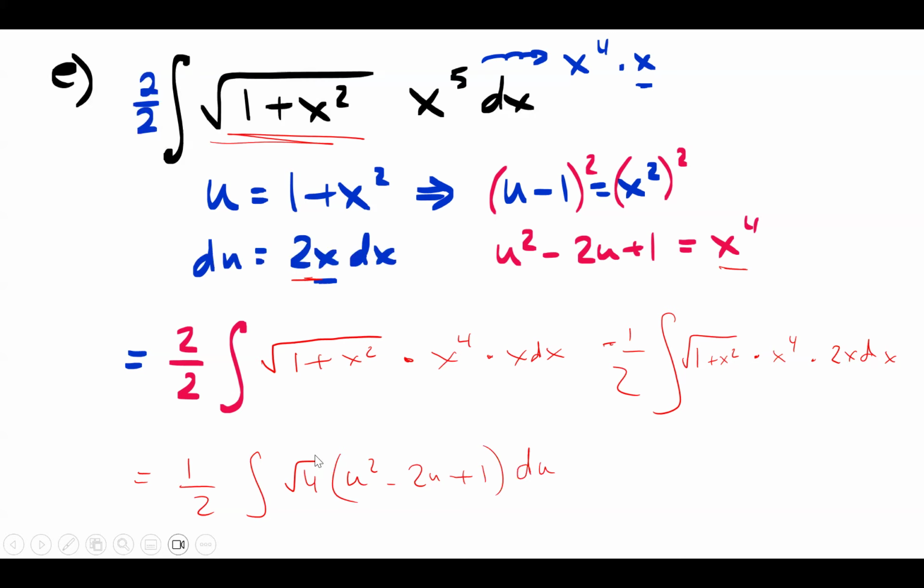Let's go with distributing the, oh, hold on. We have a product between the two of them, right? So real quick here, if I were to multiply this into this, what do I get? What is u to the 1/2 and u to the 2 going to make as you multiply them together?